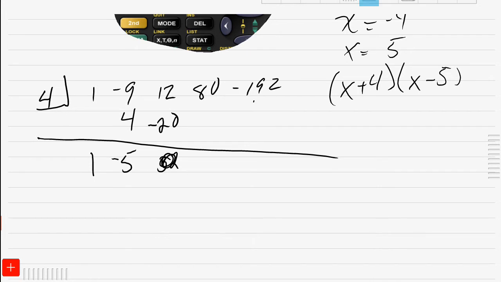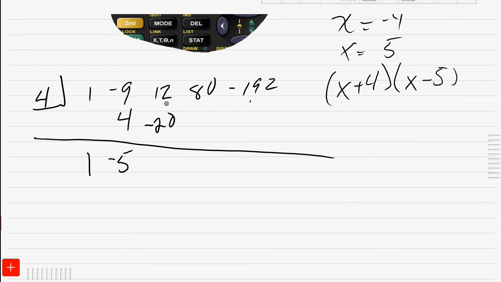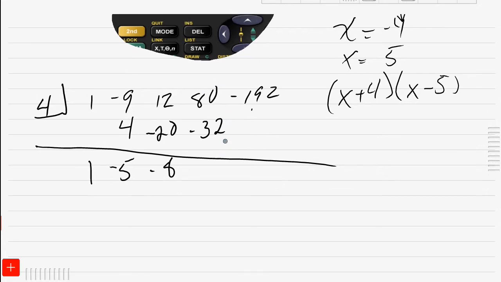So that'd be negative 8. 4 times negative 8 is a negative 32. 80 and negative 32, see, that'd be a positive 48.